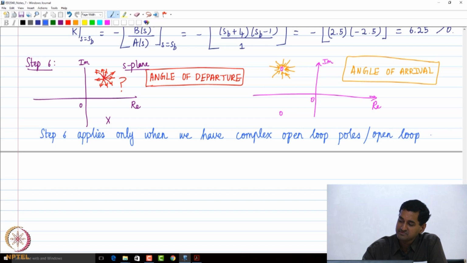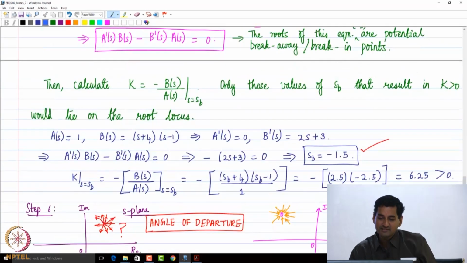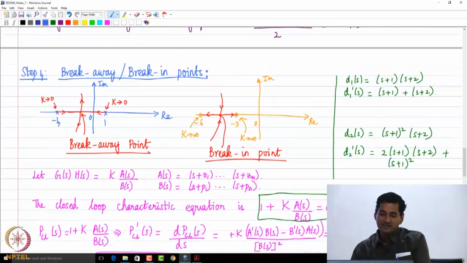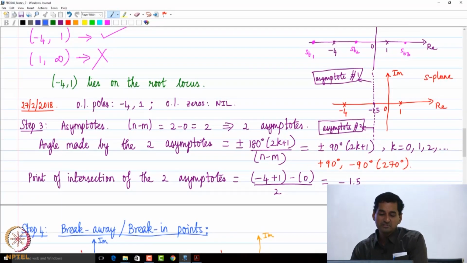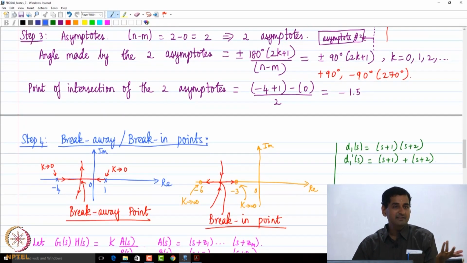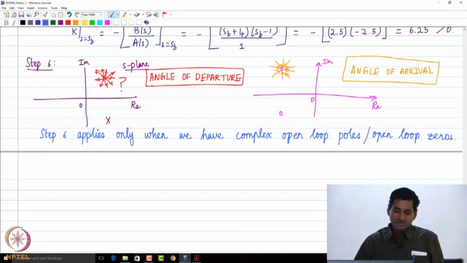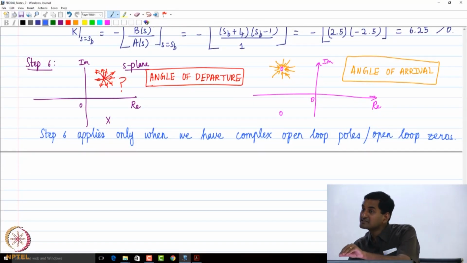Otherwise step 6 does not even apply. Please remember what the open loop poles and zeros were in the example we are doing. If you scroll up, the open loop poles were -4 and 1, and there were no open loop zeros, right? So we only had real numbers as open loop poles, so step 6 does not even apply for this particular example.